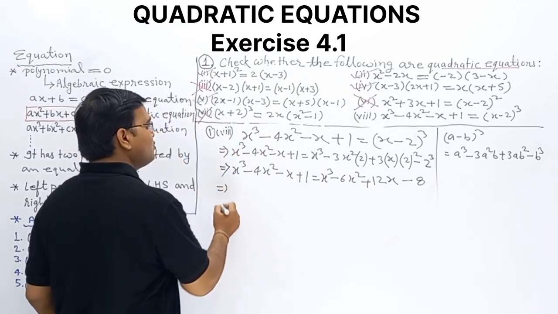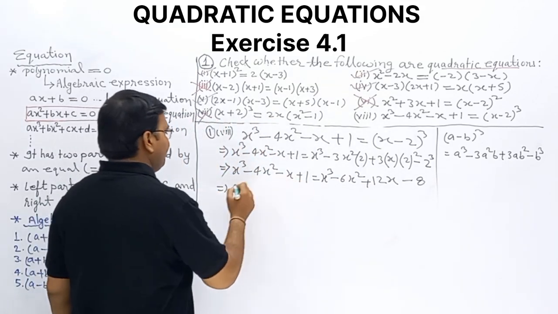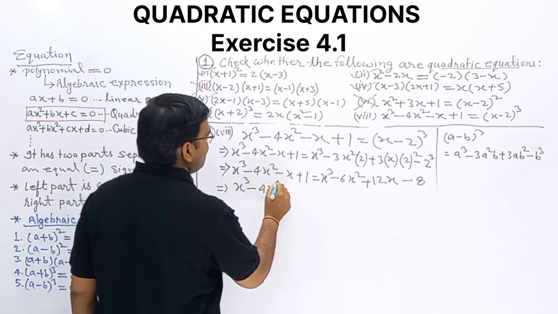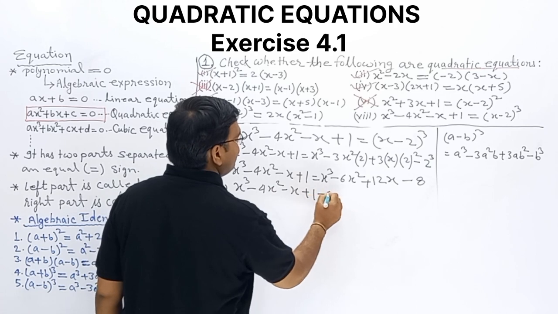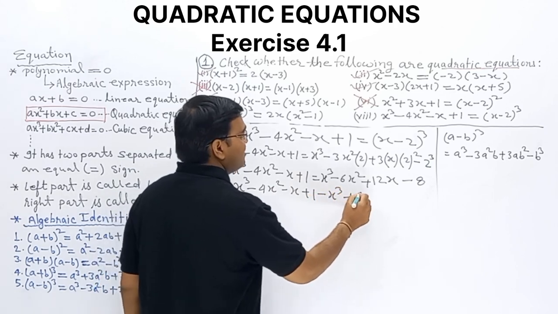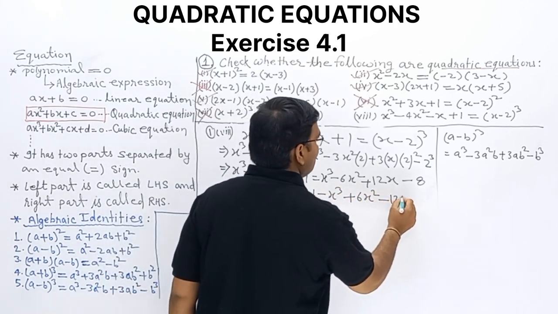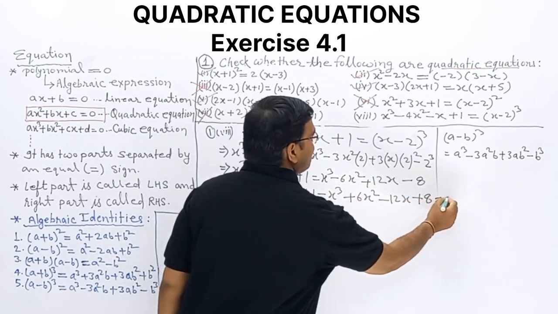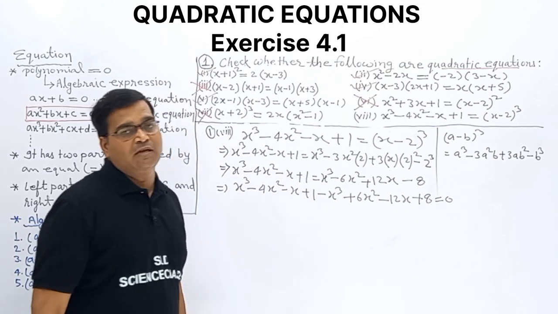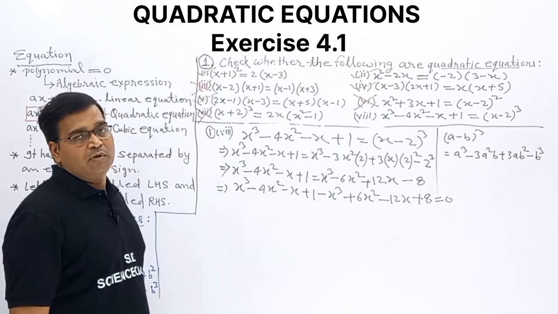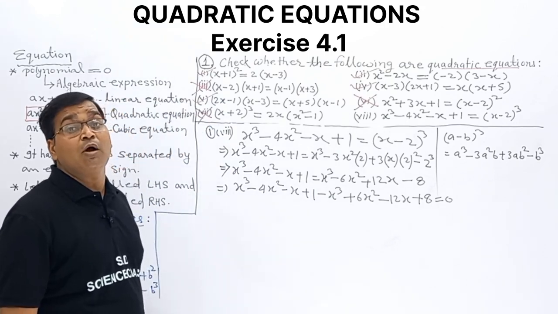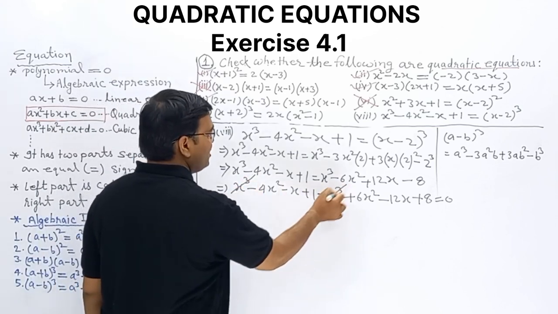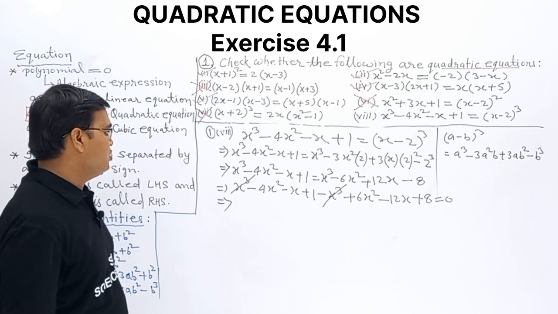Now bring all these terms to the left hand, then the sign will be changed. x cube minus 4x square minus x plus 1 minus x cube plus 6x square minus 12x plus 8. All signs of the right hand side will be changed after transpose. Solve this one.